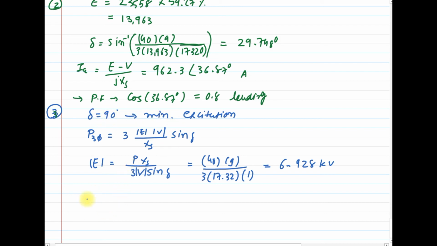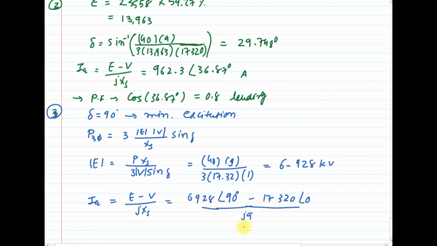Clear? And for the same case we have to calculate the armature current IA, which is equal to E minus V by J into XS. Clear? So just substitute the value of E, which is 6.928 with an angle of 90 degree, minus 17.320 with an angle of 0, divided by J9. Clear?